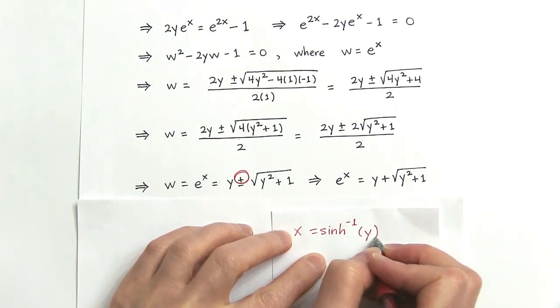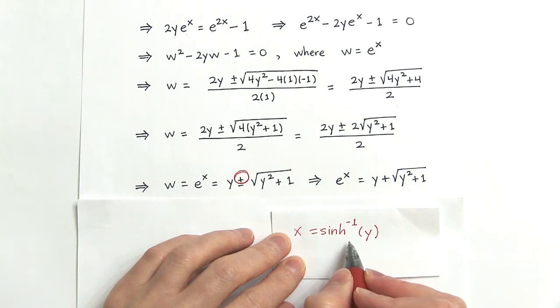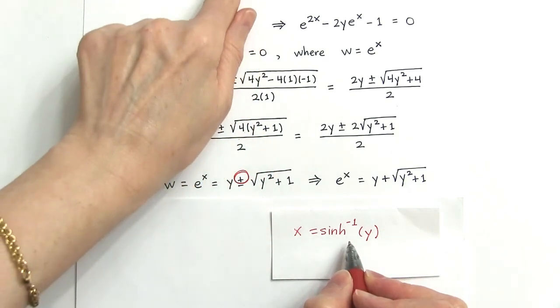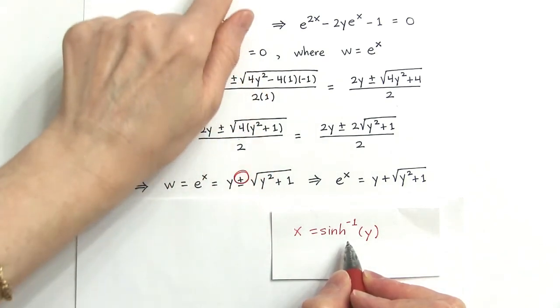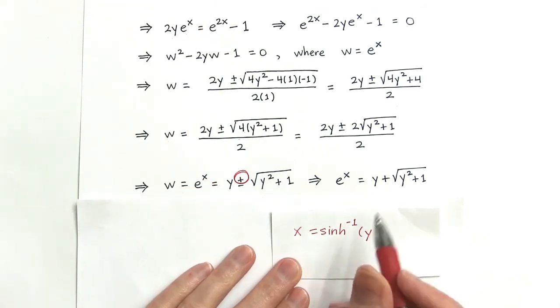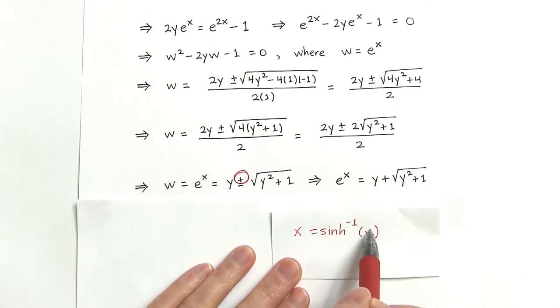But x, recall, is equal to the inverse hyperbolic sine of y. That was right up here at the very first step of my proof. It's scrolled off the screen now. And so that's what I wanted to prove.